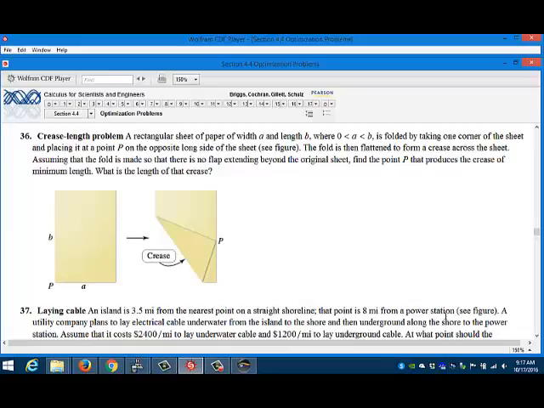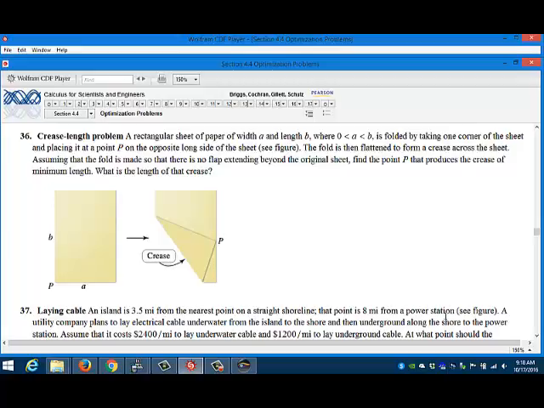You guys, on your paper, I'm going to write down, I'm trying to minimize the length of the crease. And then what's the constraint?